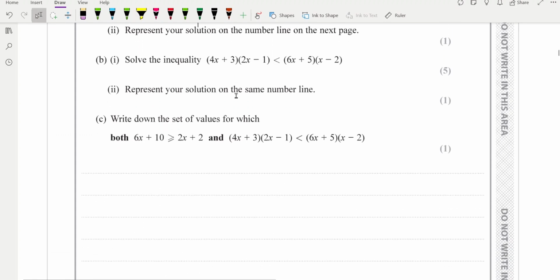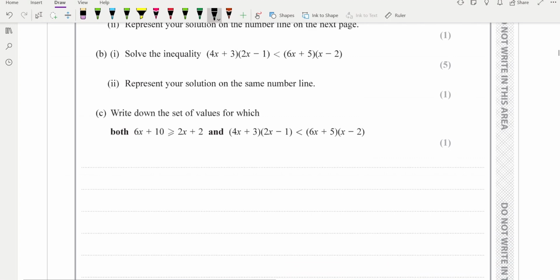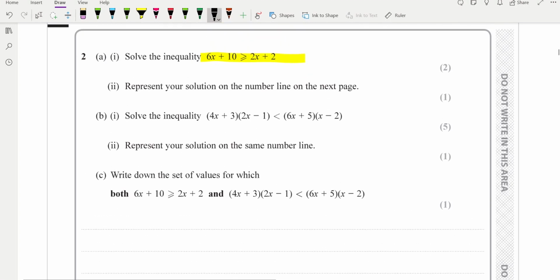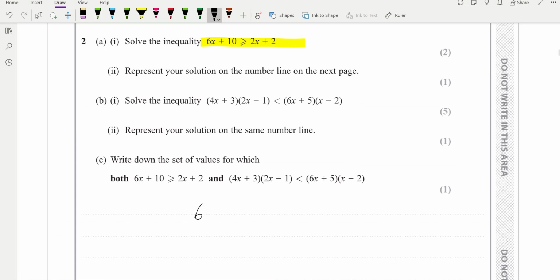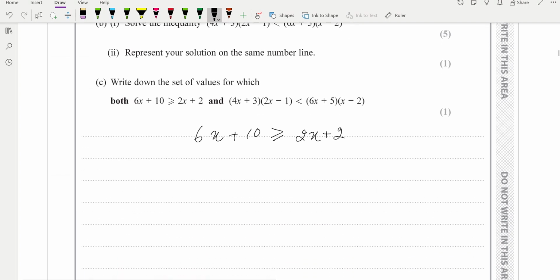The inequality provided is 6x plus 10 is greater than or equal to 2x plus 2, and now we can simplify this. 2x we can shift to this side, so 6x minus 2x is greater than or equal to 2 minus 10, and this will be 4x is greater than or equal to minus 8, and this implies x is greater than or equal to minus 2.